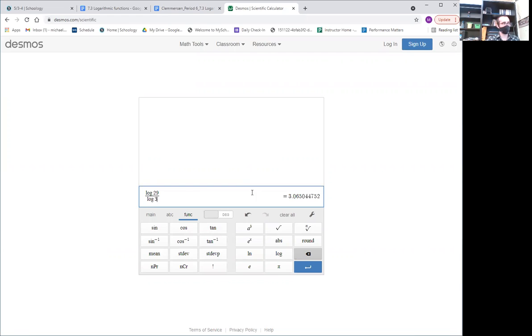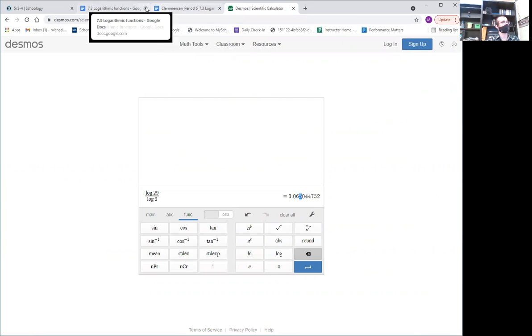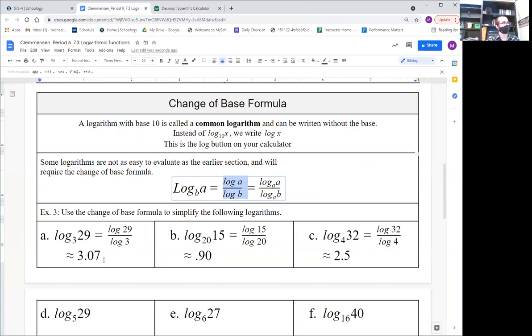Now, I like it when we round to 2 decimal places. To round to 2 decimal places means that we look at our third decimal, and we look to see if it's greater than or equal to 5 or less than 5. If it's equal to or greater than 5, we round up, and so our answer will be 3.07.